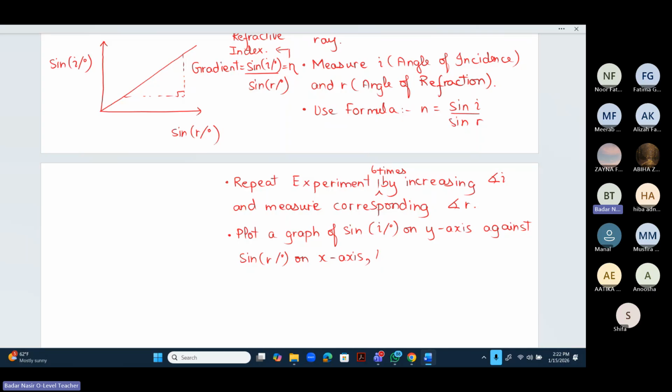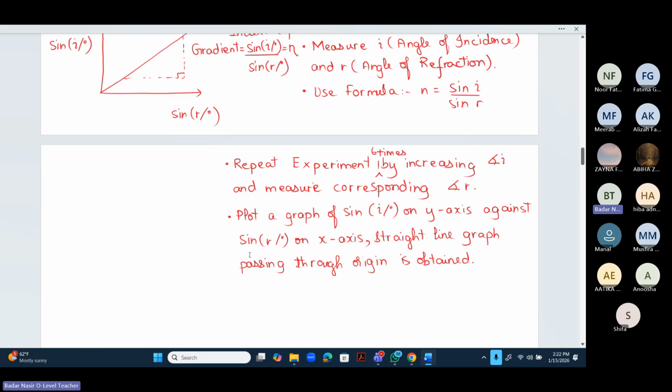So a straight line graph passing through origin is obtained. Yes, so we have this done.